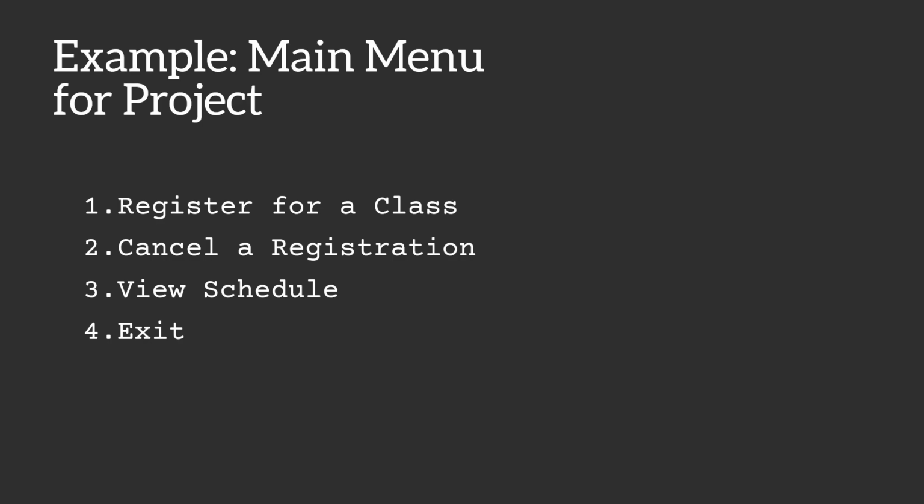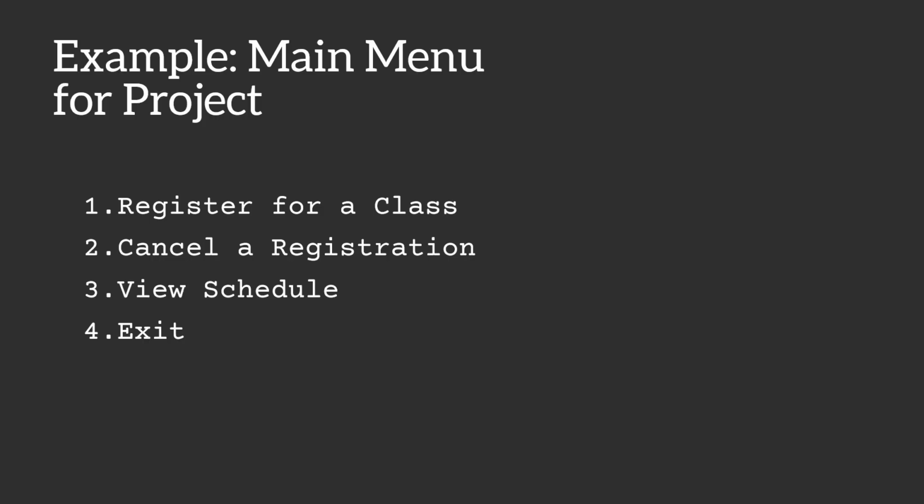So each option would connect to a separate module, just the way we saw in the sample pseudocode earlier. The register module might ask for user information and class ID. The cancel module might ask for a registration ID in order to cancel it.